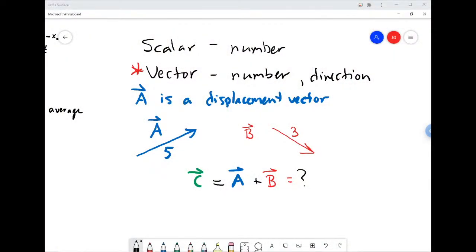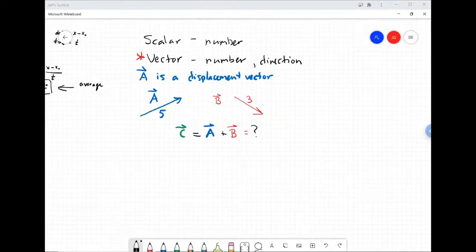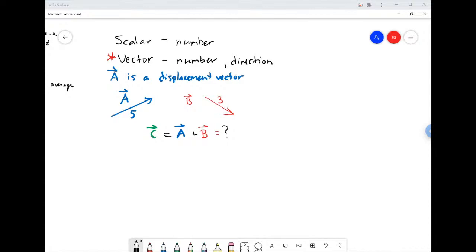One way you could add these vectors together graphically, like adding arrows together, is a method called tip to tail. Maybe A and B both point in the same direction, so C would look like this.